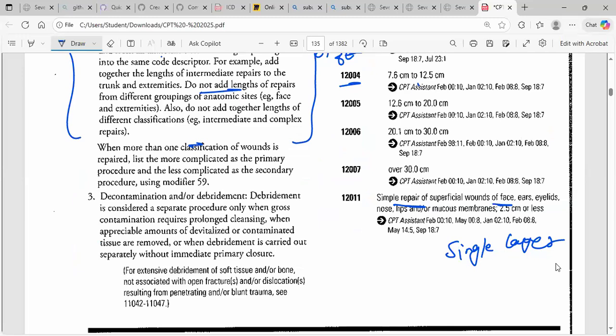We have different codes based on the anatomical grouping. Like in this code, this is also for simple repair, but here we have the locations face, ear, eyelids, nose, lips. So if it is in different groupings, like one from the face and another from the scalp, then we are not going to add it. Okay, ma'am, got it.